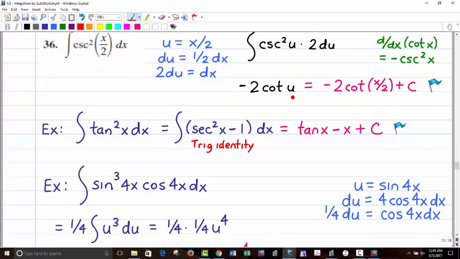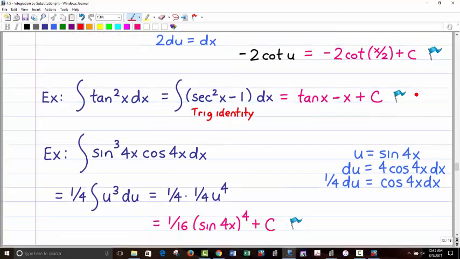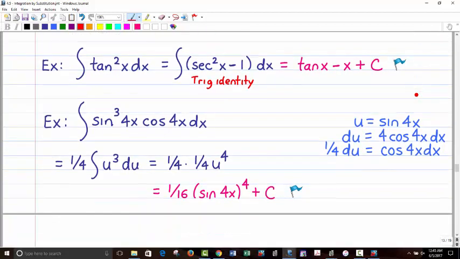Let's see. So you have negative 2 cotangent u, and then replace u with x over 2, and don't forget your plus c. Now this one, tan squared. For this one, you have to use a trig identity. You have to replace tan squared with sec squared minus 1.